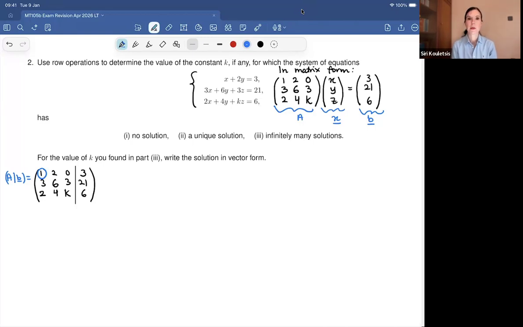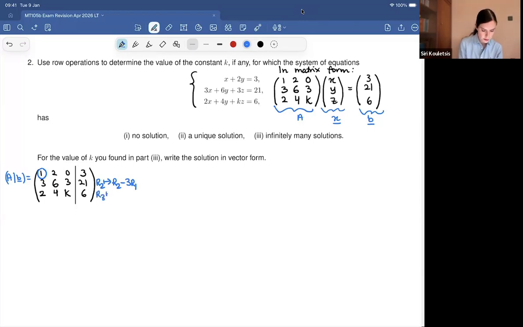There are many possible ways of going at this, but this is the most, if you like, algorithmic method. Create leading zeros below your leading ones. So row 2: if row 2 goes to row 2 minus 3 times row 1, then that 3 in the second row will become 0.